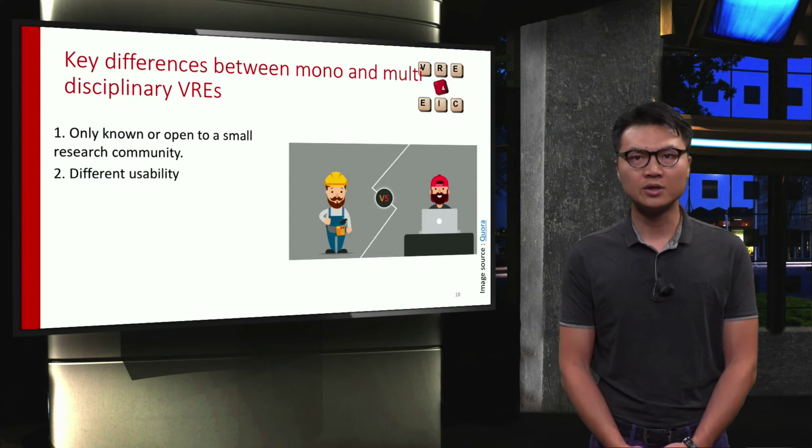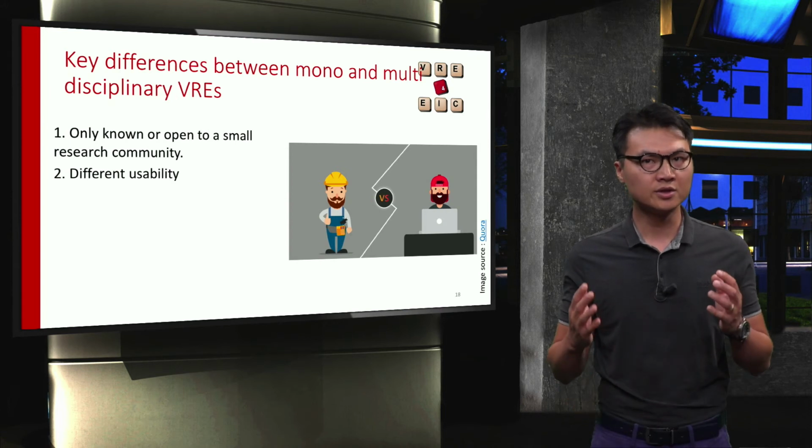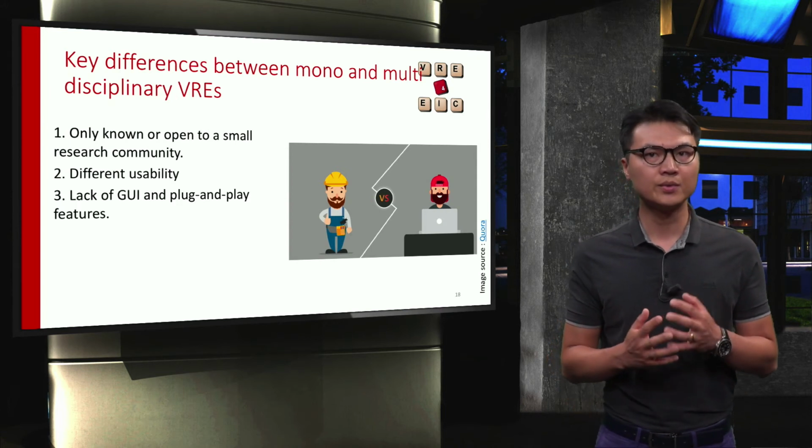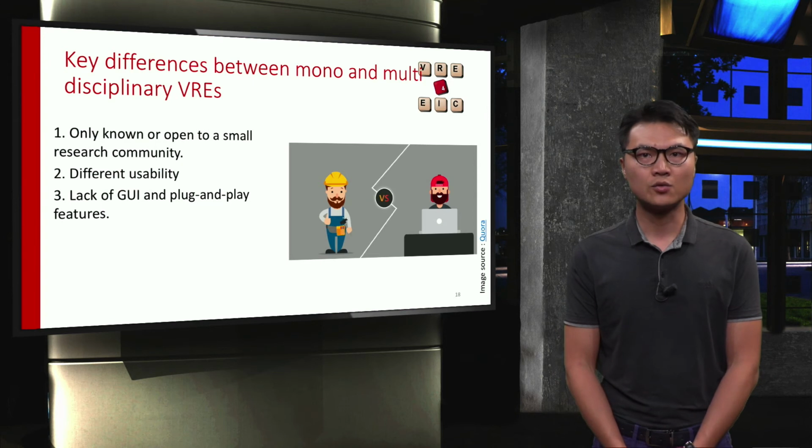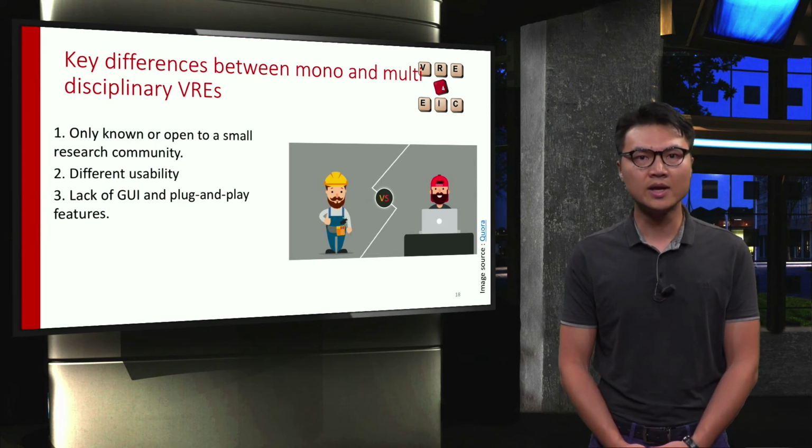In addition, researchers do not want to spend much time on learning how to use new software or work in new online environments. Researchers desire to use a single tool with an easily understandable graphic user interface and plug-and-play features to submit their experiments, tasks, and to monitor status. A powerful workflow engine may help this.